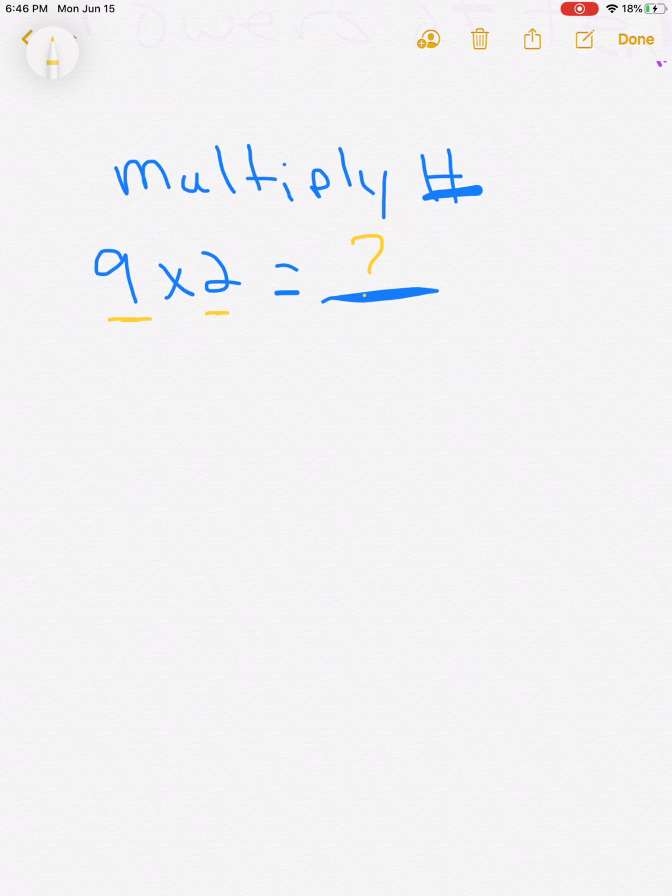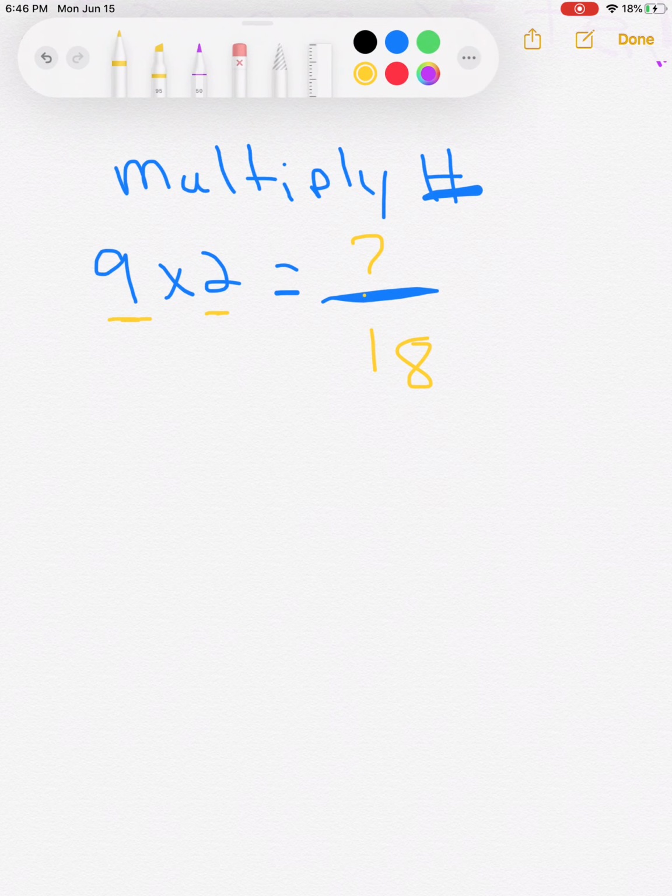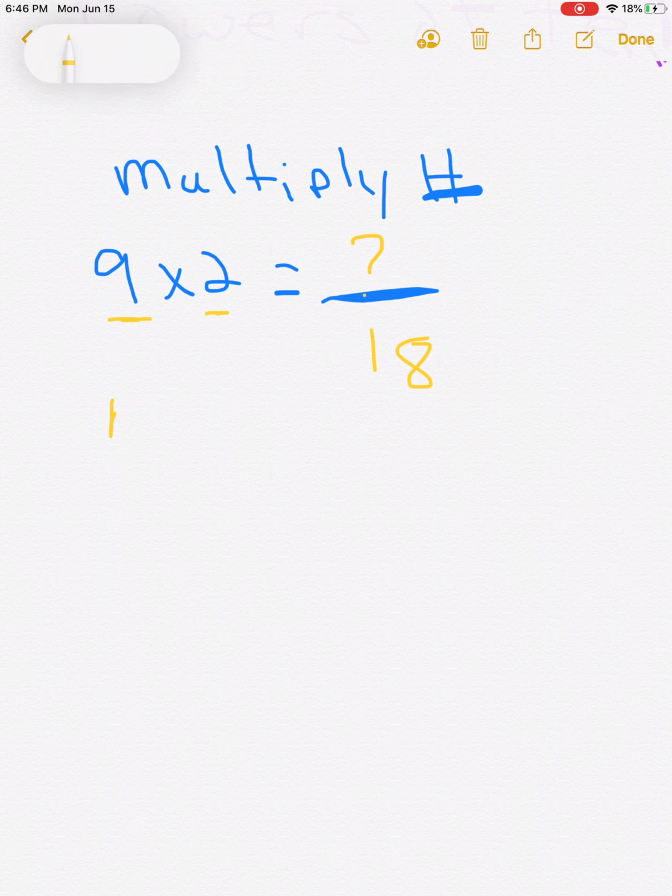What is 9 times 2? 18. Very good. So is 18 larger than 9 or 2? Yes, it is. So I want you to remember this concept: when you multiply numbers, the answer should be larger than the original numbers.